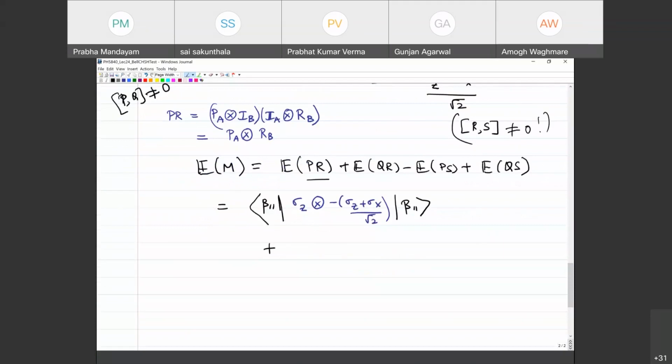So it's beta 1,1, and then QR, which is sigma X tensor again minus of sigma Z plus sigma X by root 2. So this is all mid-sem exam practice. Please work out what the first term is. I just want you to work out what the first expectation value is.